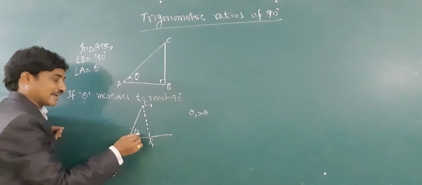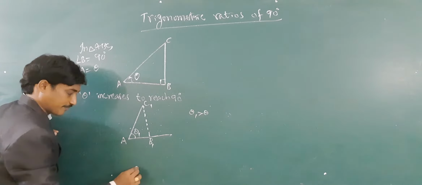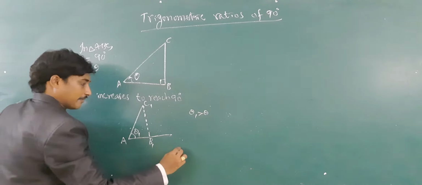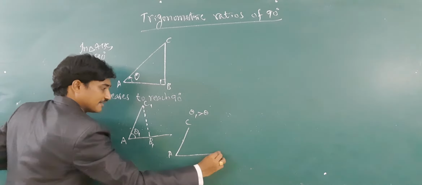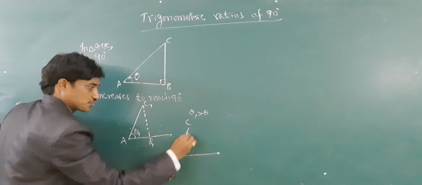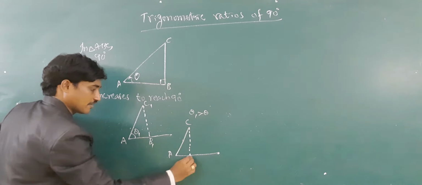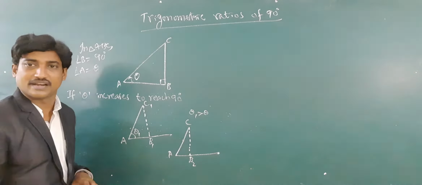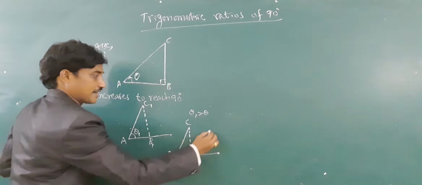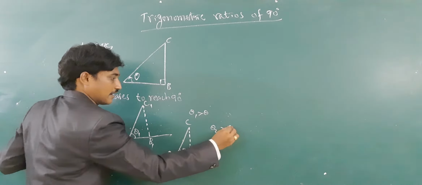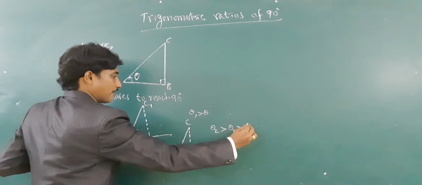If theta 1 is increased some more close to 90 degree, then what happens? Here it is AC. In that case, B moves some more close to A. Let me take it as B2. Here this angle theta 2 is more than theta 1, and it is more than theta.